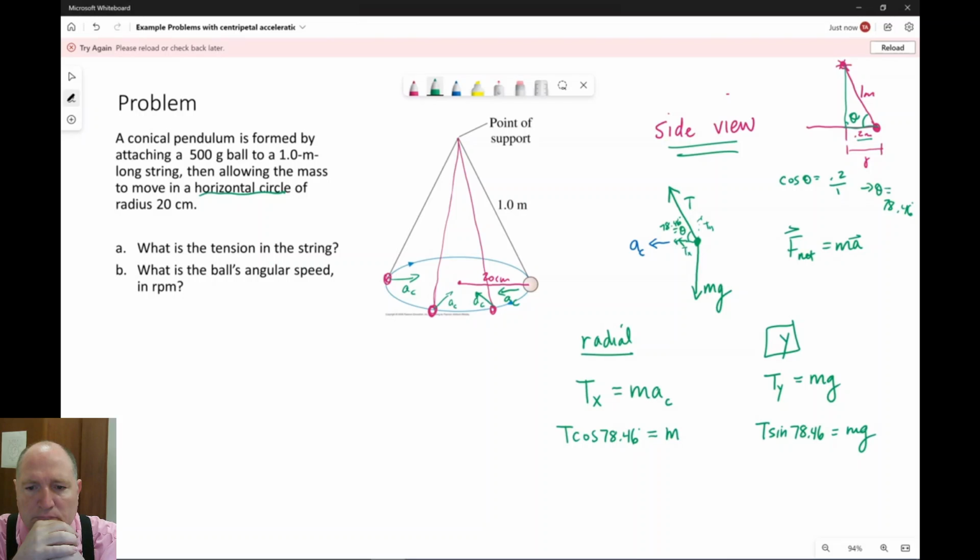Now, in terms of centripetal acceleration, we can substitute in either v squared over r or r omega squared. In terms of choosing, I'm going to look at what I'm being asked for. Since the problem is asking for angular speed, I'm going to plug in the r omega squared.